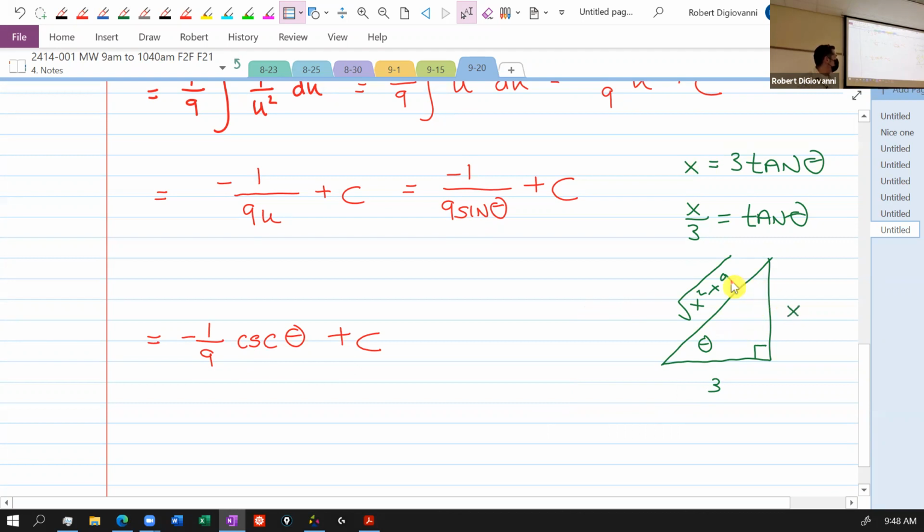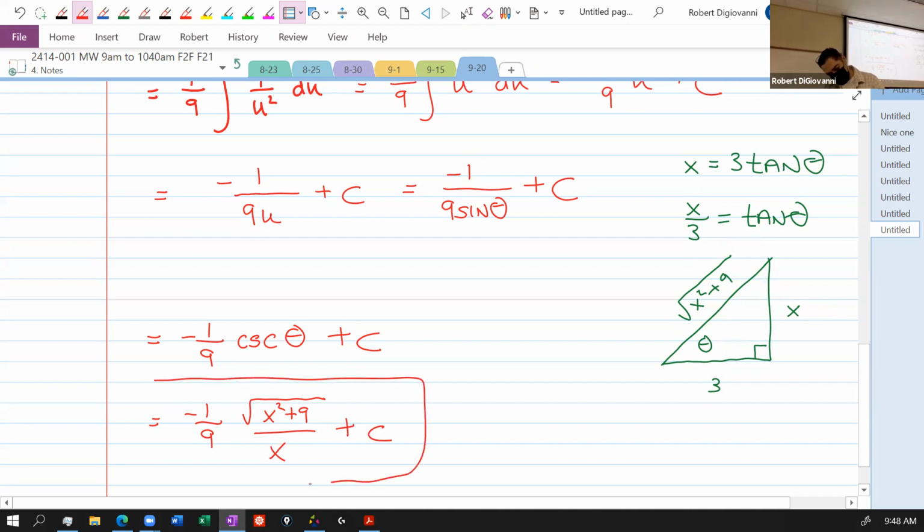Sine is opposite over hypotenuse, so cosecant should be hypotenuse over opposite, right? So I'm just going to write the negative 1/9, then the square root of x squared plus 9 over x plus c. That should be it.